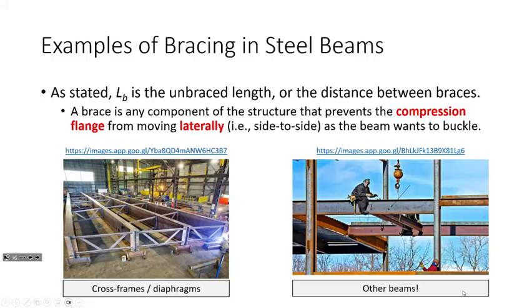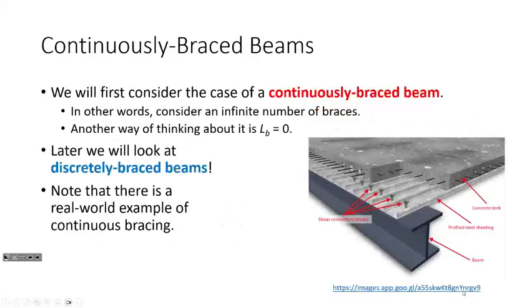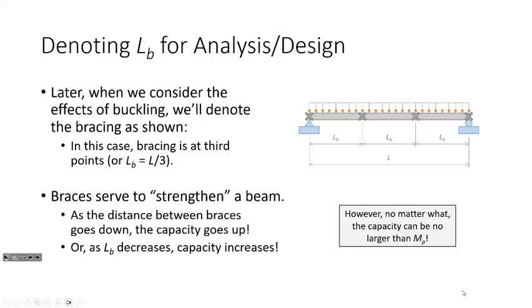The bridge is bending downwards, smiley face bending, so the top is in compression and the bottom is in tension. When we're designing that brace, we want to ensure that the top of the beam is prevented from moving left or right. That's what we're interested in from a bracing perspective. The reason why is because of lateral torsional buckling, which we're going to talk about here in a bit.